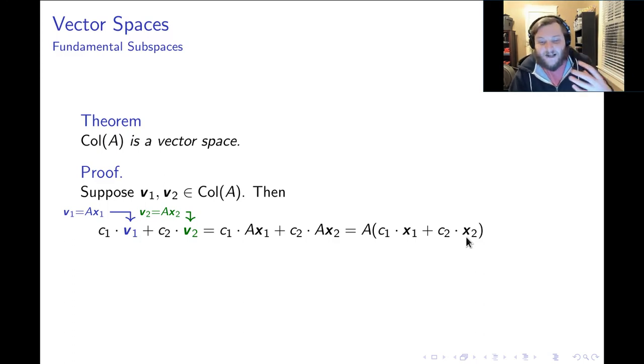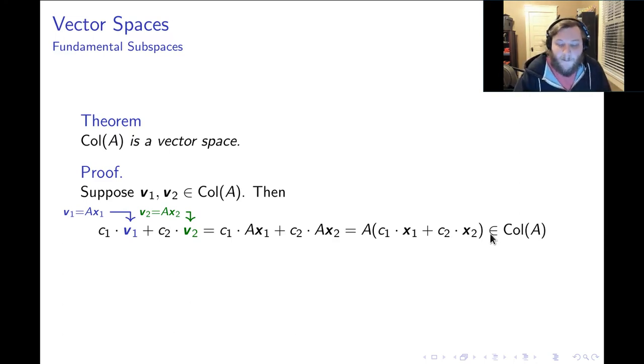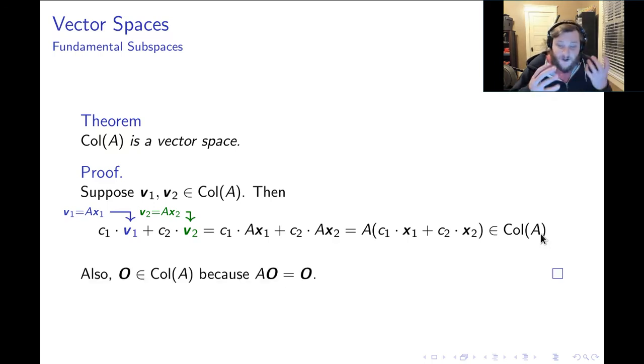And that's exactly what it means to live in the column space of a matrix. So our linear combination, by this argument, must also be in the column space. Also, we know that the zero vector is in the column space because the zero vector is equal to A multiplied by the zero vector. So linear combinations of any vectors in the column space always remain in the column space, and the zero vector is in the column space, which means that the column space is a vector space.